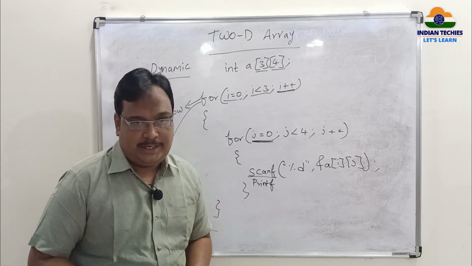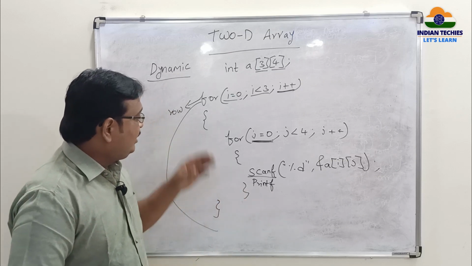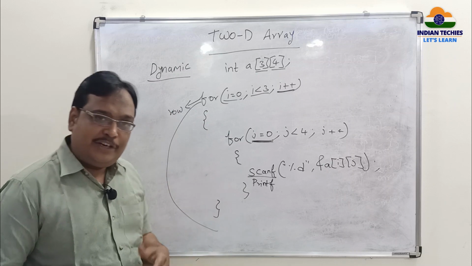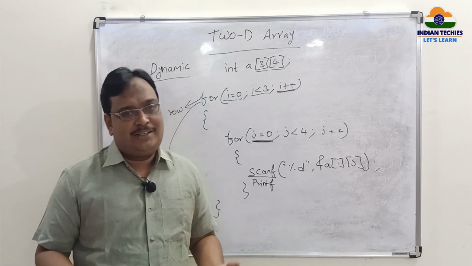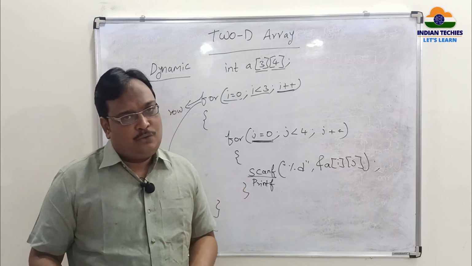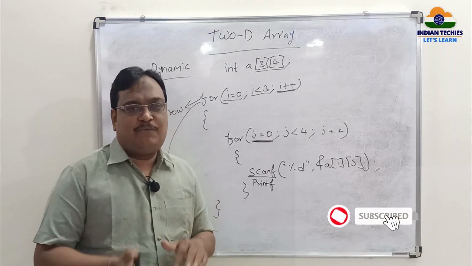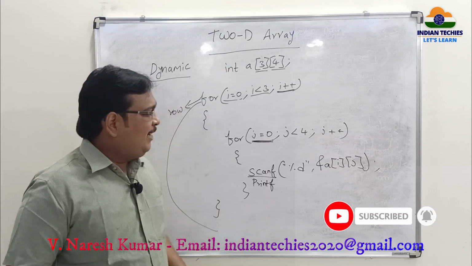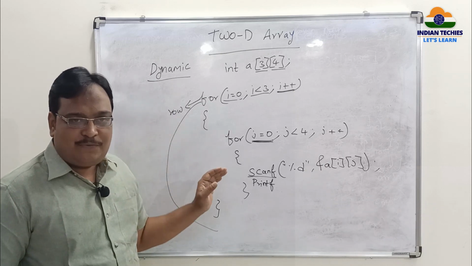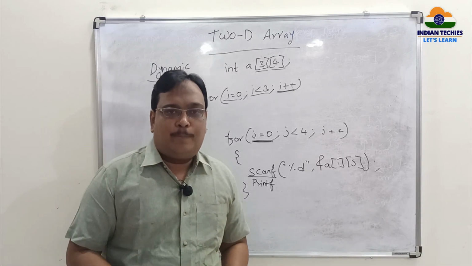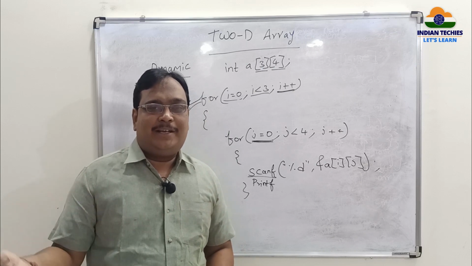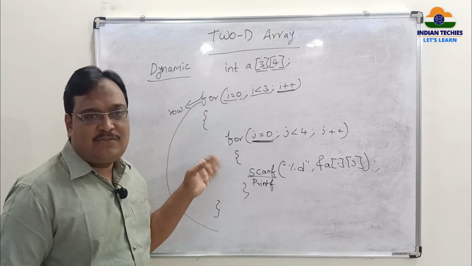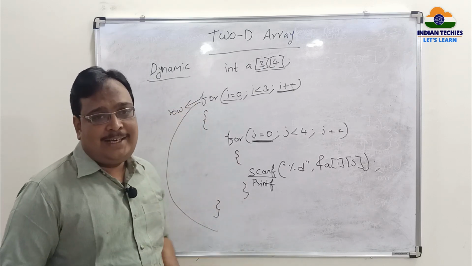This is compulsory. Instead of using for inside for, you can use while inside while, do while inside do while, or any combination of the loops. But when you use for inside for, the problem and complexity in the remaining will be more; this will be less. That's why we will be using for inside for.